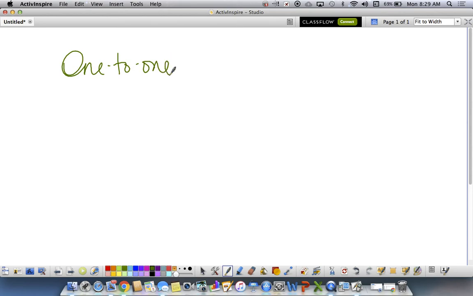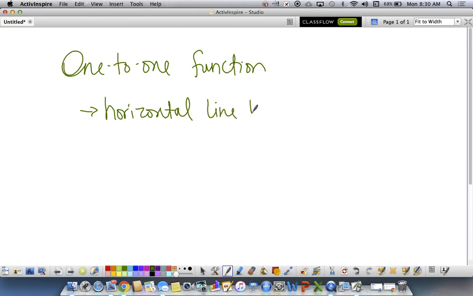How can you check to see if a function is a one-to-one function? You can use the horizontal line test.